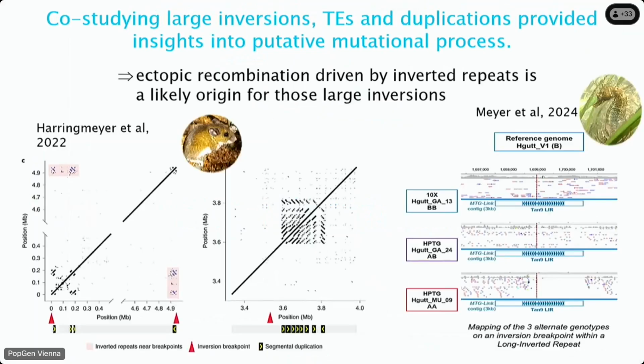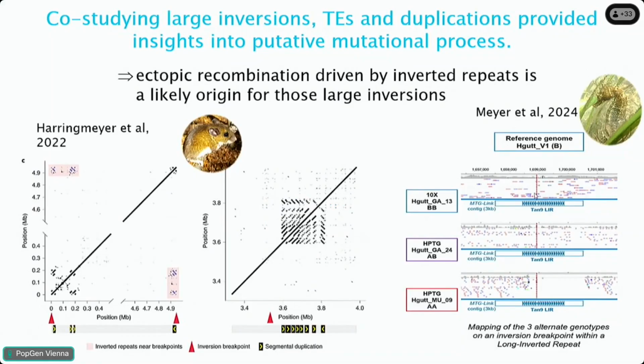When I was saying it could be interesting to look at the structural variants together, in these two studies, I found that super interesting because they look at duplication on small structural variants and big rearrangements. And what they found in the deer mice and the seahorse is that very huge inversions have at their breakpoints a lot of duplications or long inverted repeats.